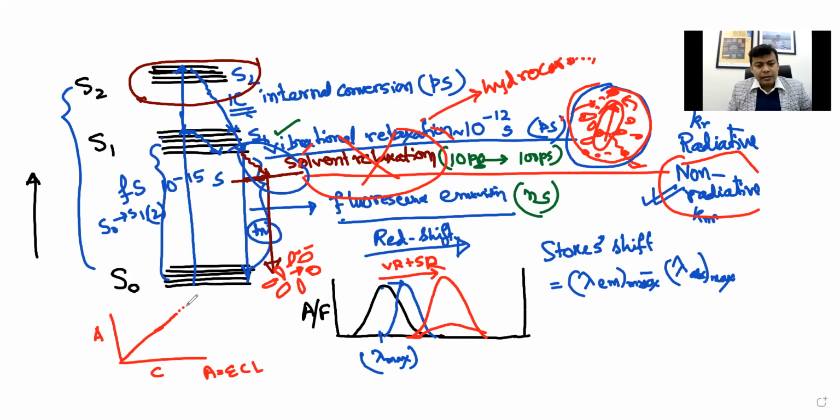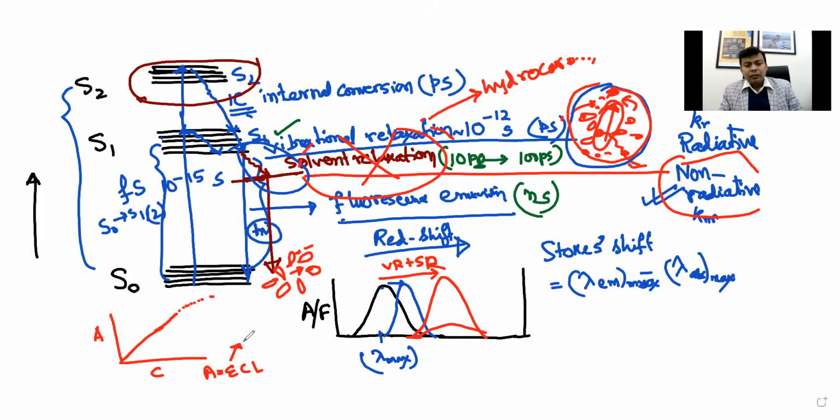Beyond a certain point, there is some non-linearity, and of course, you know why that happens. So you need to be in the linear regime. Epsilon essentially characterizes the particular chromophore, how many photons it can absorb, which is expressed in terms of mole inverse centimeter inverse.